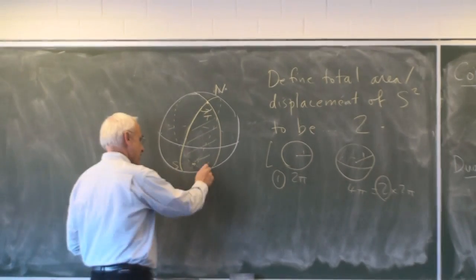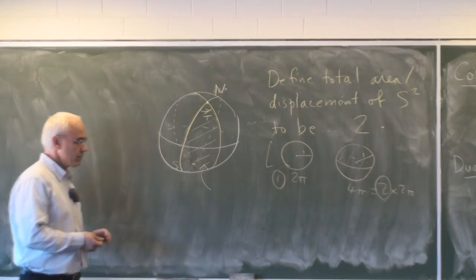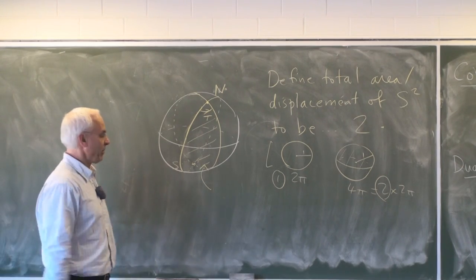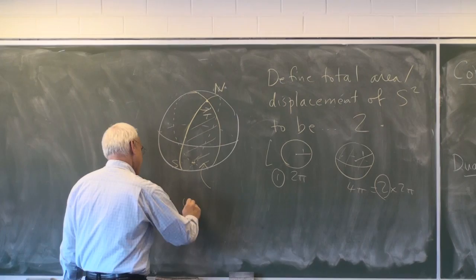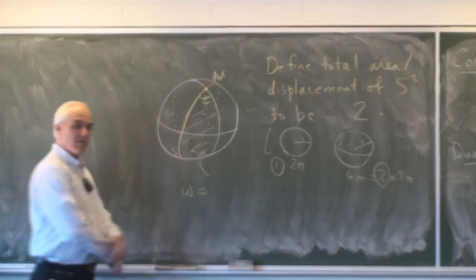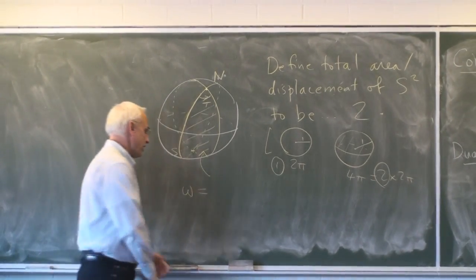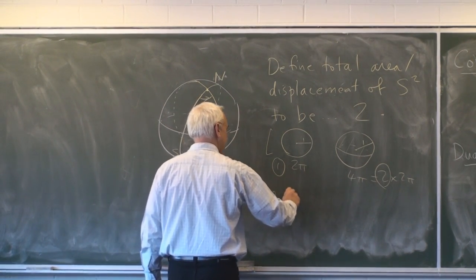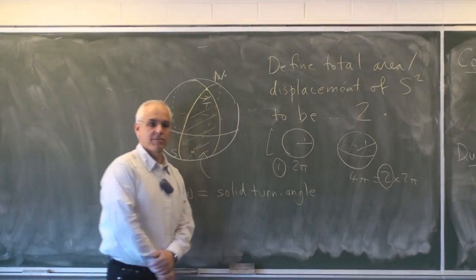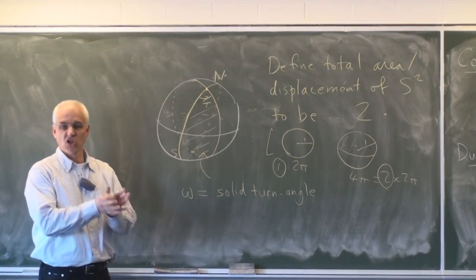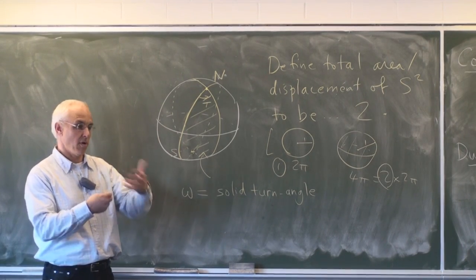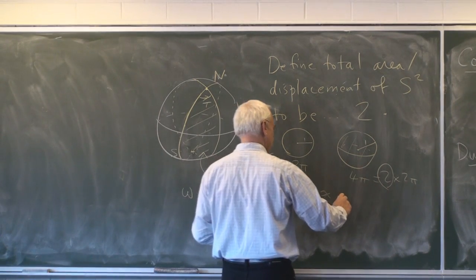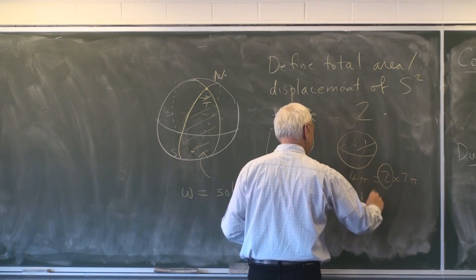And then what is the displacement of this thing? Well, first of all, we should give a name and some notation for these spherical displacements. That's a little bit cumbersome. So let's first of all use omega. And let's call it the solid turn angle, as opposed to solid angle, which is the usual terminology. So solid turn angle, or if we want to get shorter, we could just say solid tangle.